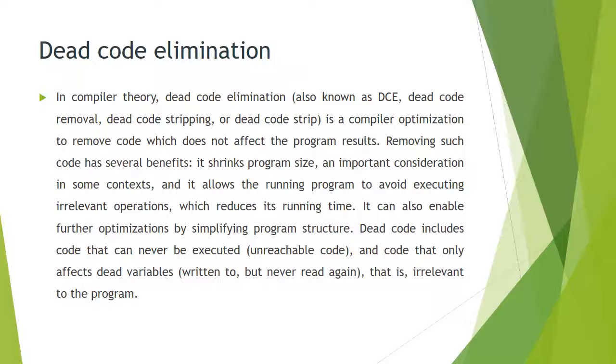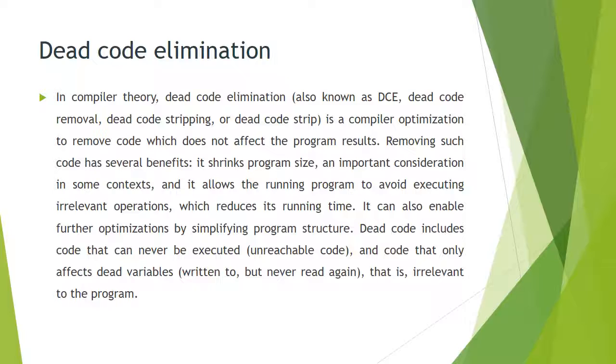So the next optimization technique is dead code elimination. In compiler theory, dead code elimination, also known as DCE, dead code removal or dead code stripping, is a compiler optimization technique to remove code which does not affect the program results.